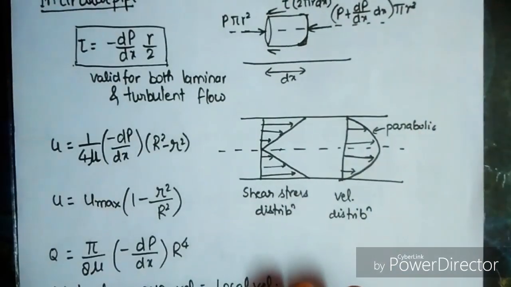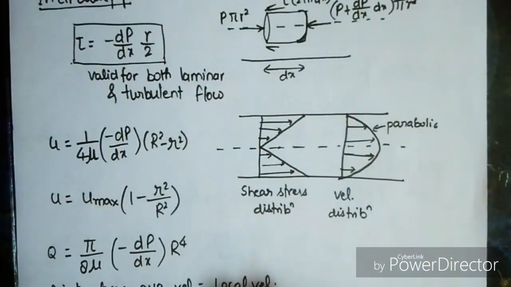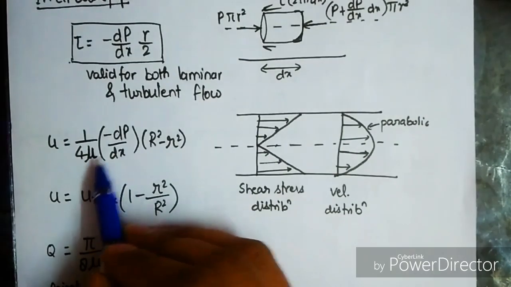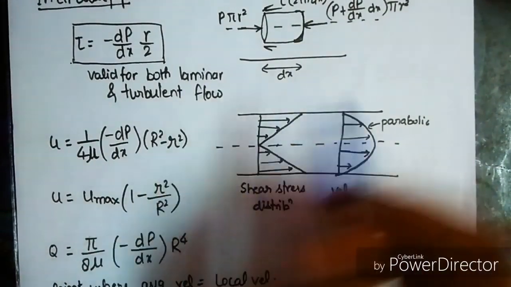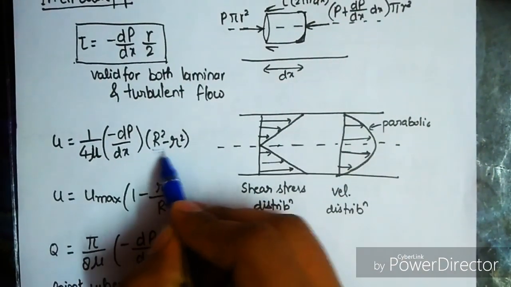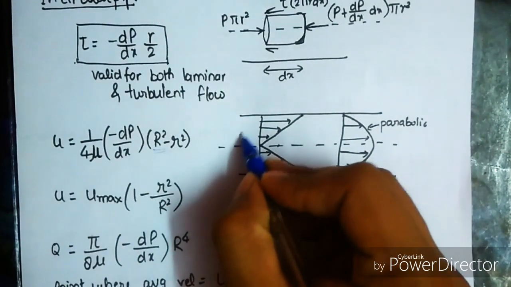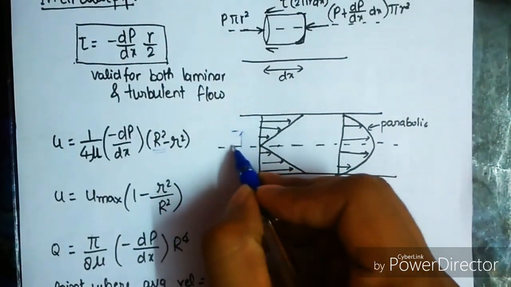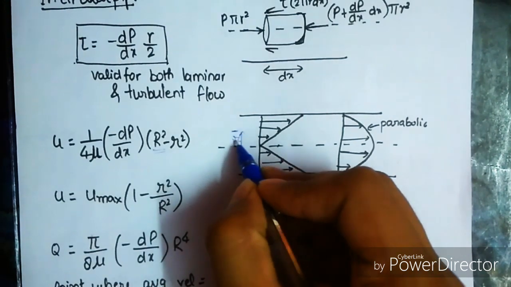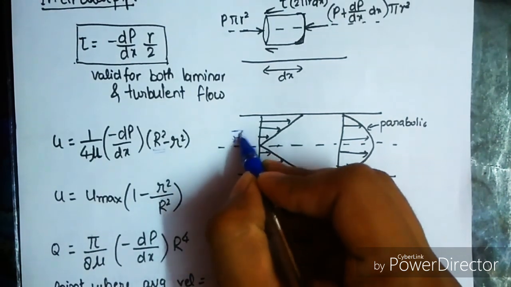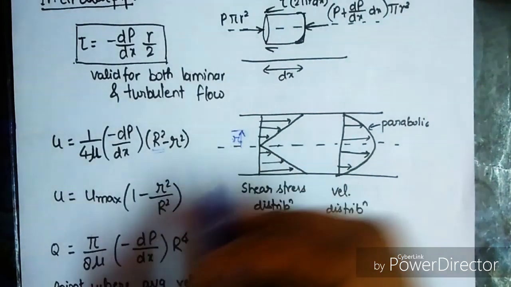Now the value of velocity in circular pipe in laminar flow is 1 upon 4 mu into minus dp by dx into (R square minus r square), where capital R is the radius of the pipe and r is the length from the center of the pipe to the point at which we have to find the velocity.